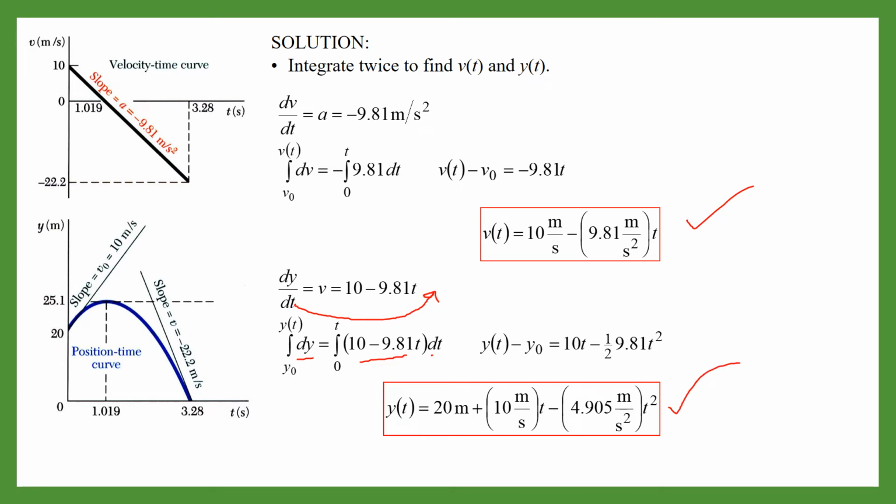On the LHS, these are the graphs for V versus T. You can obtain the V versus T graph from this equation by putting different values of T. When T is 0, initially we have velocity as 10. When you put different values of T, you obtain different values of V, and you simply mark the points and you will get this curve. Similarly, for Y versus T, this curve is obtained.